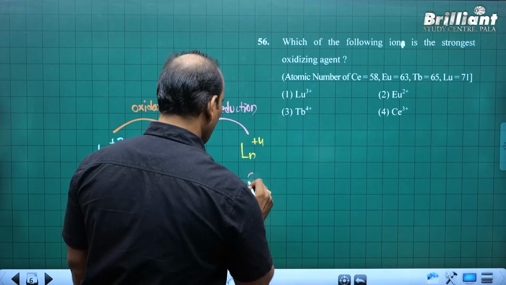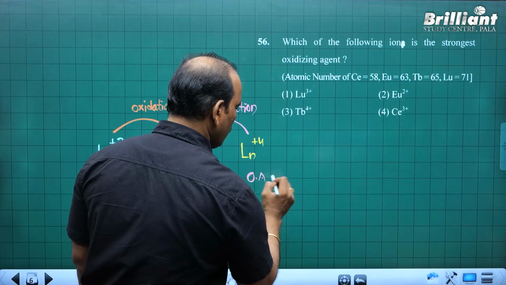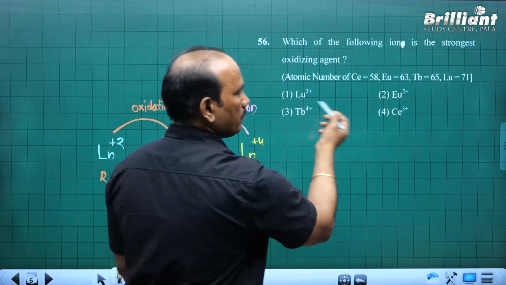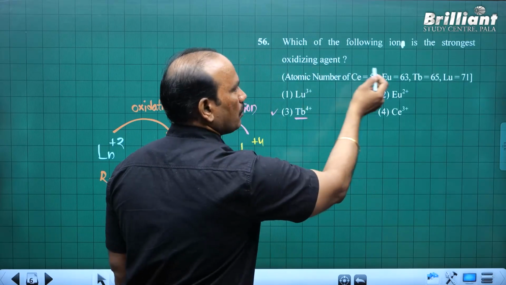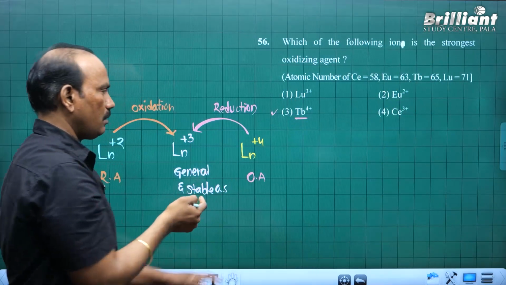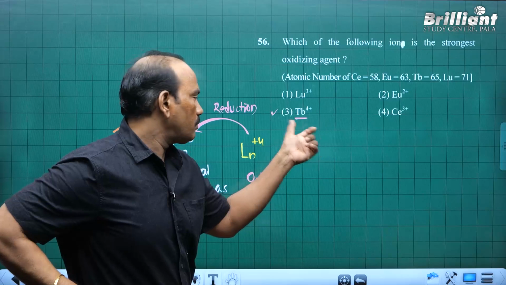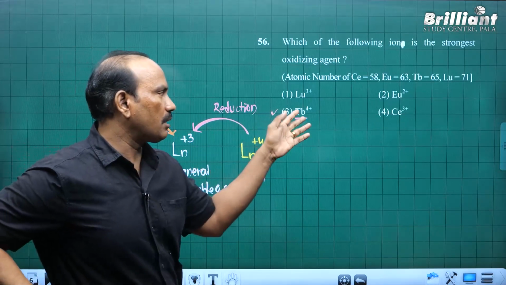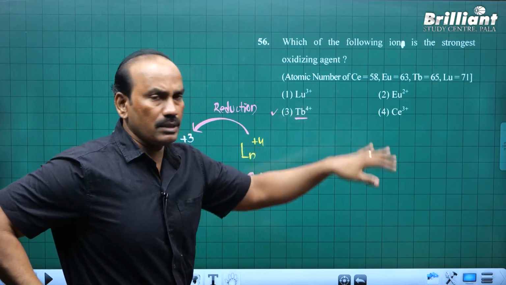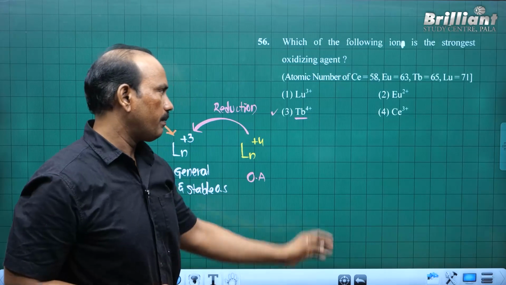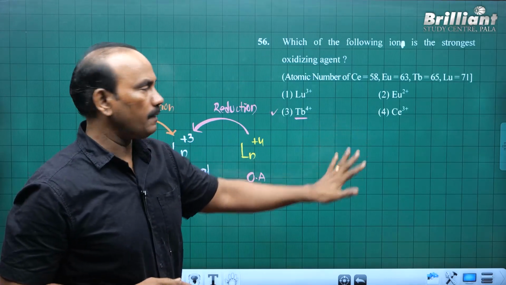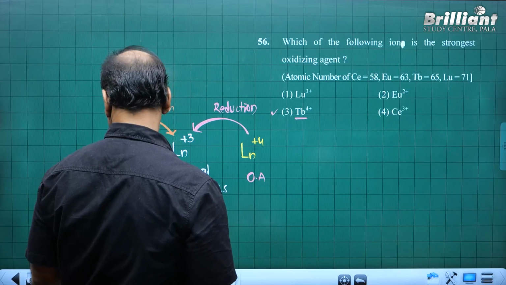That's why it acts as an oxidizing agent. Here we are asking the strongest oxidizing agent. Tb +4 changes to +3 configuration, general. Any transition element's general oxidation state is +3. Okay. Clear? Next one.